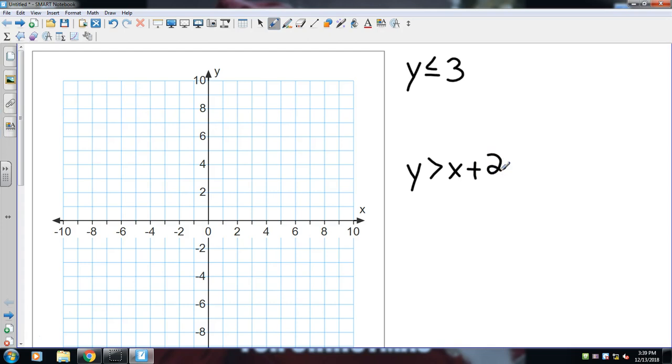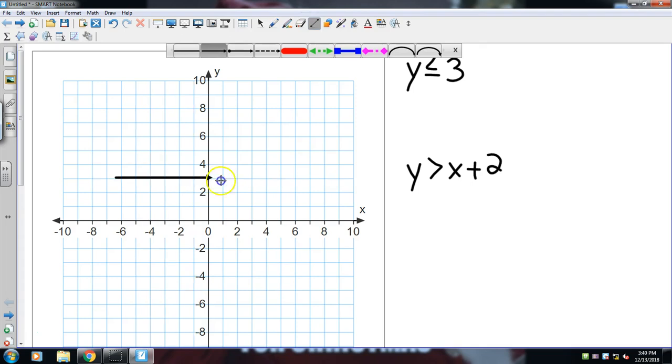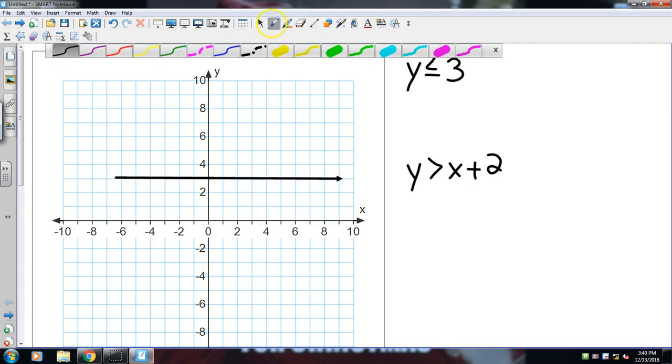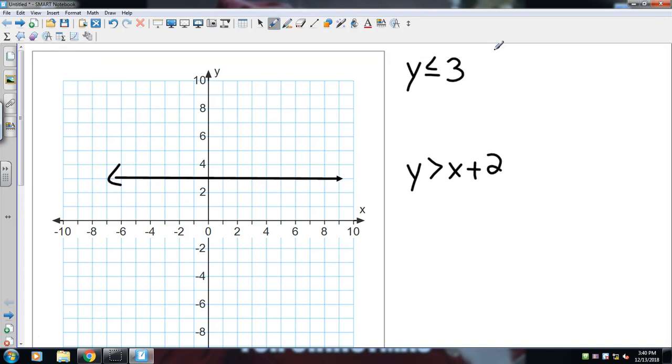That's going to be a horizontal line because it just has a y. And because it's less than or equal to, I know that that's going to be a solid line. And so I'm going to go solid line here. Draw a little arrow on the end there. And so because it's less than or equal to, I know that it's going to be shaded down. Now, the coloration is going to be good here in just a second.